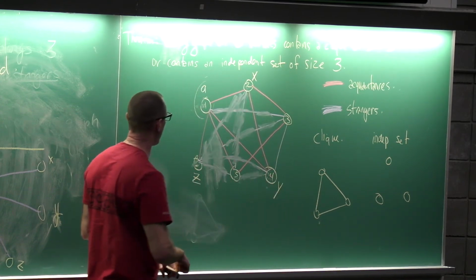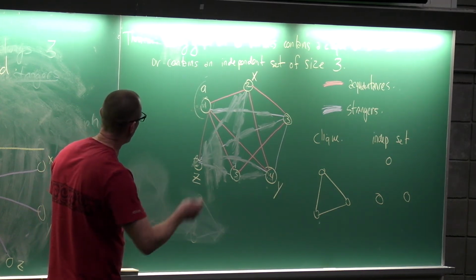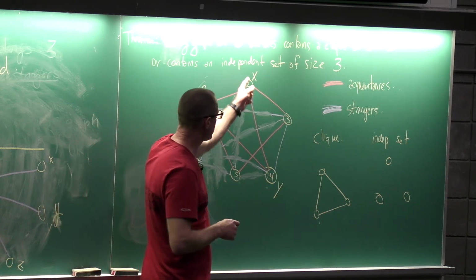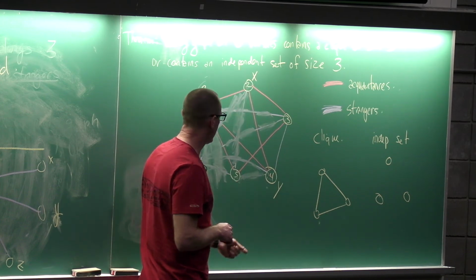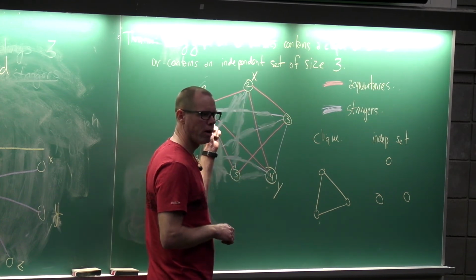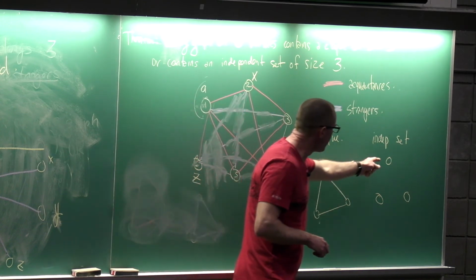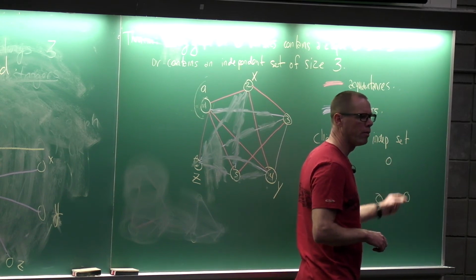So that's the picture there. And, all right, so a clique of size 3, that's 3 vertices that all have edges between them, so a cycle of size 3. Well, that's just 3 red edges, right? An independent set of size 3, that's in this graph here, those are 3 vertices with no edges between them.